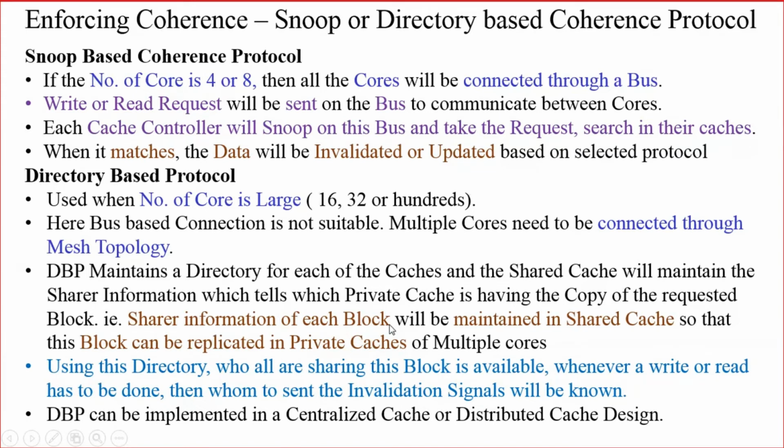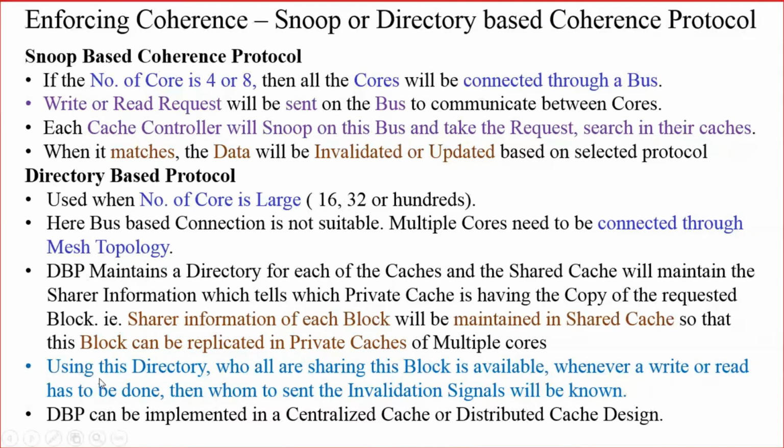So the sharers information of the block will be present in the shared cache, so that the block can be replicated in the private cache of other cores. The sharers information of each block will be present in the shared cache.